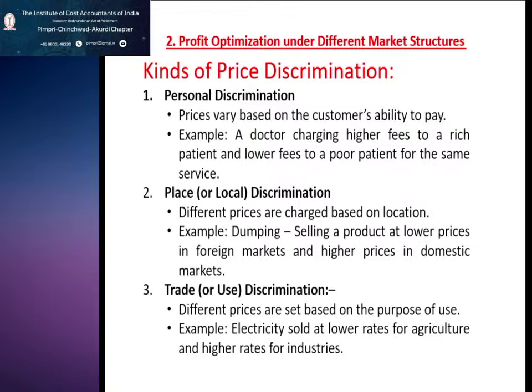So electricity is the same, the product is the same, but the purpose of ultimate use is different, and hence the pricing is different for agricultural. At the same time, pricing is different for residential purposes, and also for business purposes. That's how trade or use discrimination works. So the kinds of price discrimination are three types: personal, place, and usage or trade discrimination.